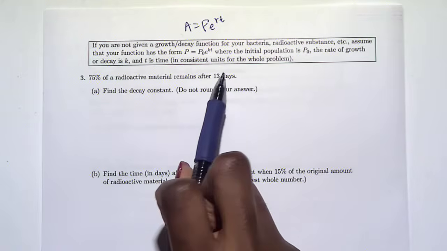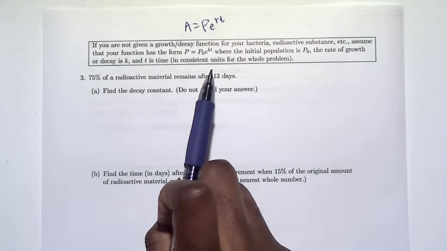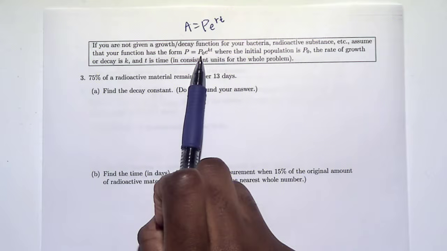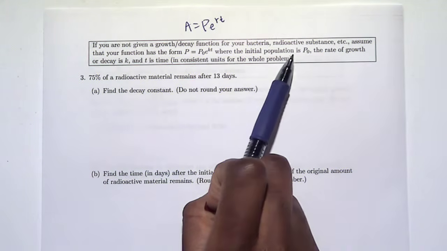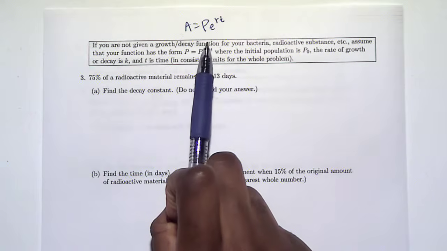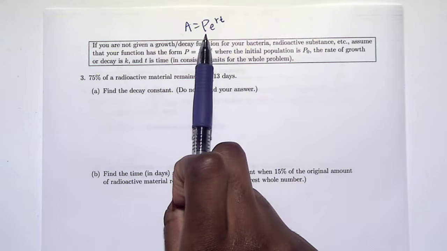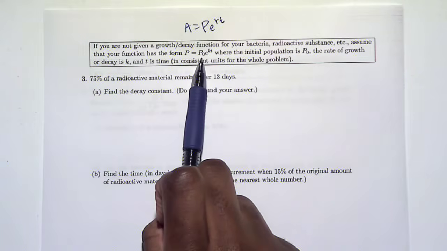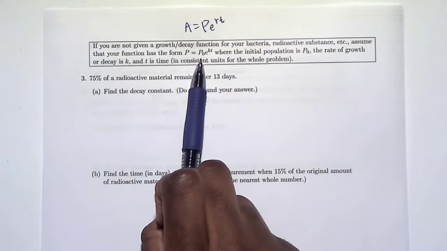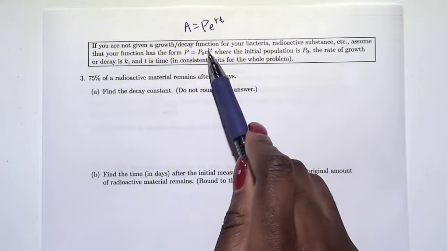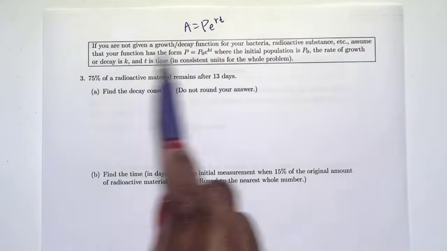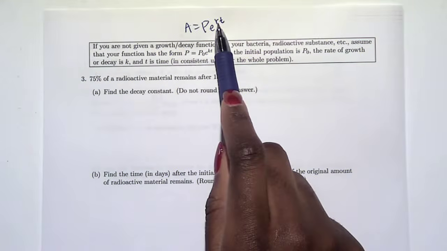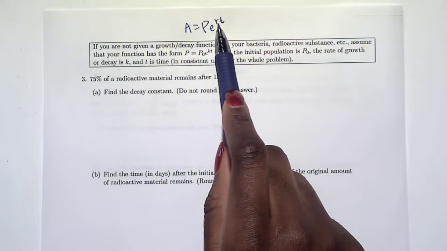So typically we have a population of a substance, that's our P, and so P naught, or P sub 0, is our initial population. So that's the population we start with, just like the principal is the amount of money we start with. K is our growth or decay constant. So it's the rate of growth or the rate of decay, just like the rate of money that's changing.